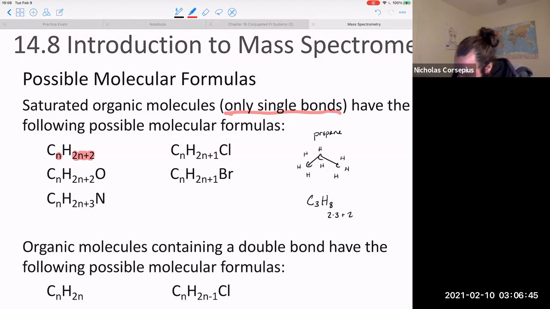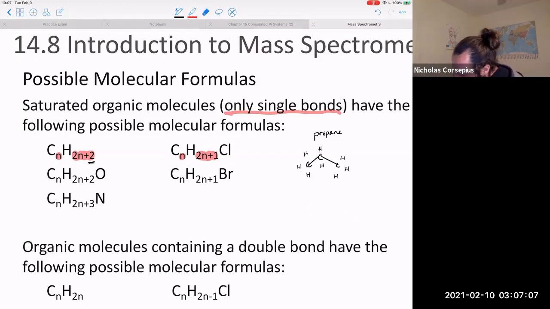Notice that if we add a halogen in there, halogens behave a lot like hydrogens in the sense that they only like to have 1 bond. So this changes our formula from 2N plus 2 to 2N plus 1, because that other single bond is going to be replaced by a chlorine.